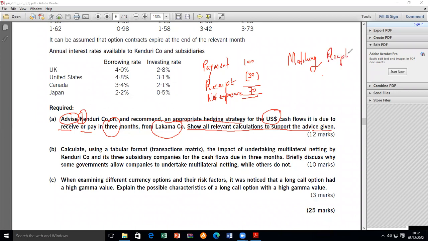We won't tell you to do that, but we expect that you all know that what you're supposed to do is to match the receipt and the payment. And that is what we want you to take note of in this question.